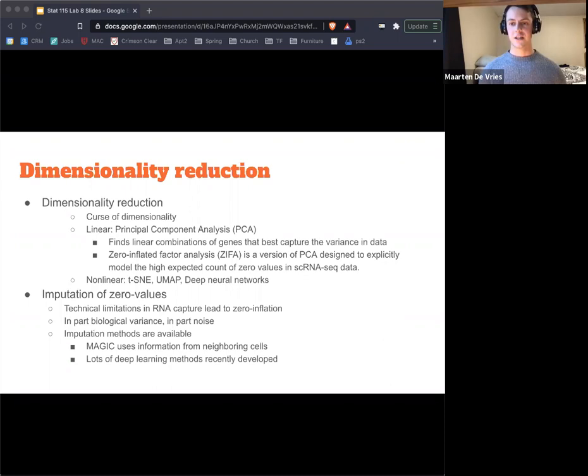You're modeling your missing data. I'm also pretty sure we don't need to do this for the homework, but it can improve your downstream analysis if you do it right. There are now lots of deep learning approaches for this. There is a widely used tool called Magic that uses information from cells that are similar to impute missing values. But maybe don't worry about it right now, just be aware that this is something people do.